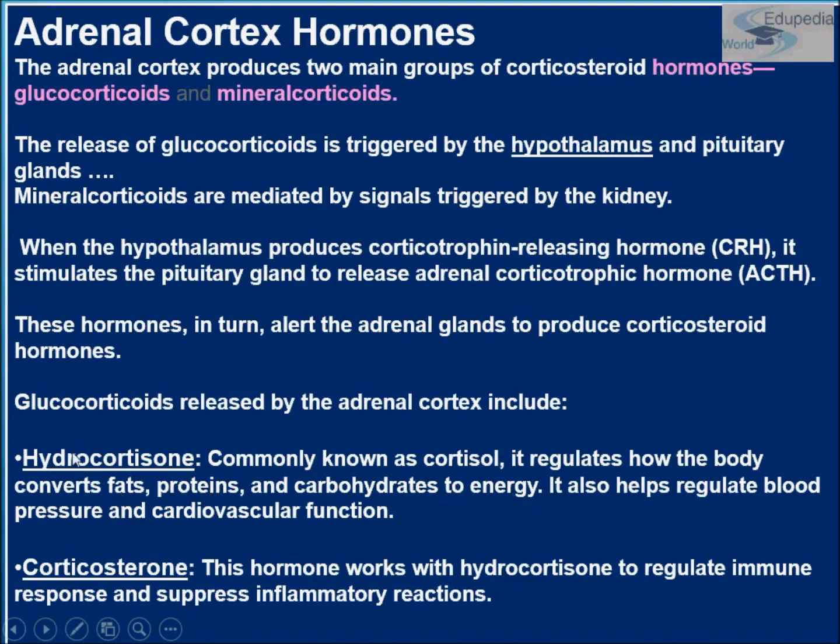This hydrocortisone also helps regulate blood pressure and various cardiovascular functions. And now the second glucocorticoid is corticosterone. This hormone works in conjunction with hydrocortisone to regulate immune response and suppress inflammatory reactions. Okay.